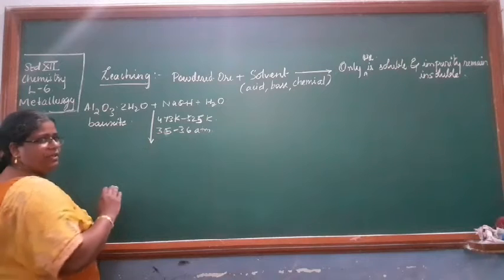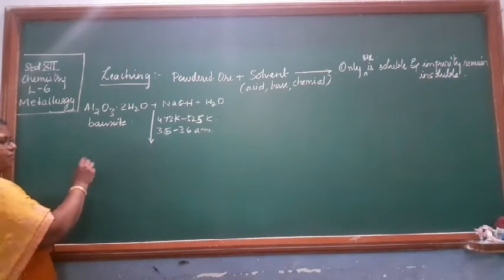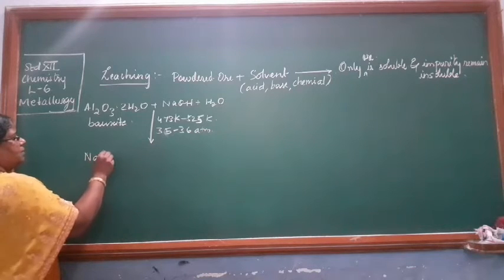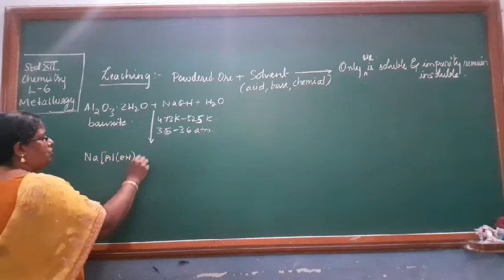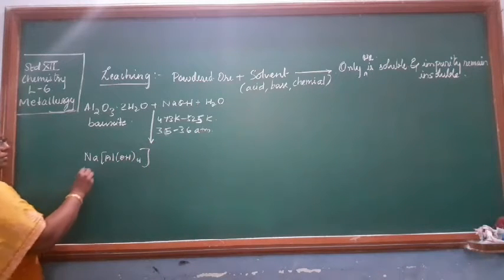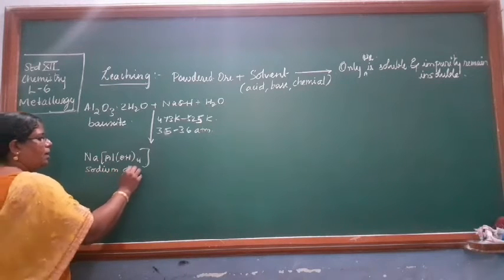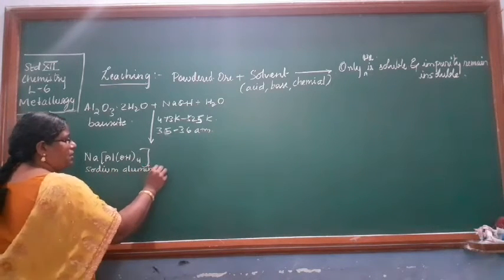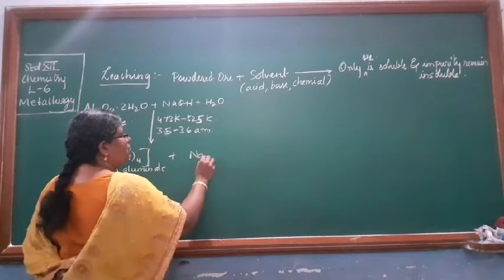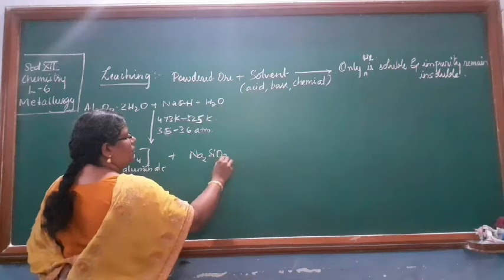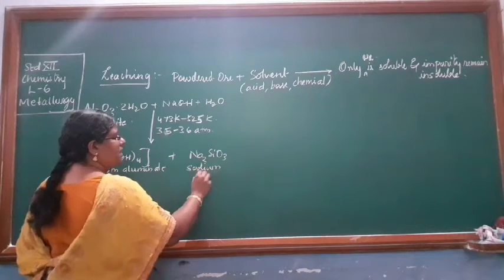When this is carried out, you will get two products. What is that? The Na[Al(OH)4]. This is sodium aluminate, plus Na2SiO3, which is sodium silicate.